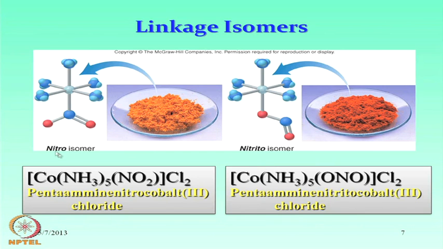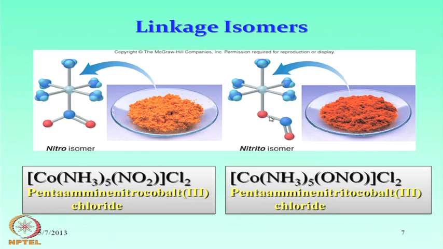So, because of the presence of these two different types of attachment of the NO2 group, we get one as the nitro isomer and another as the nitrito isomer. We can simply label the binding position of one isomer versus the other, and that changes the color and some other properties.